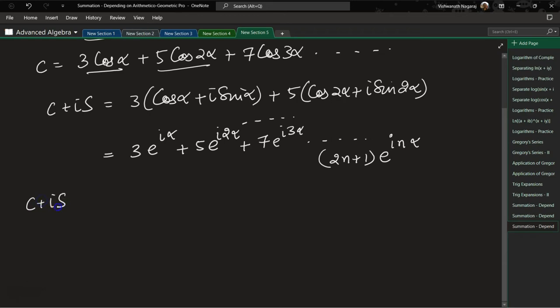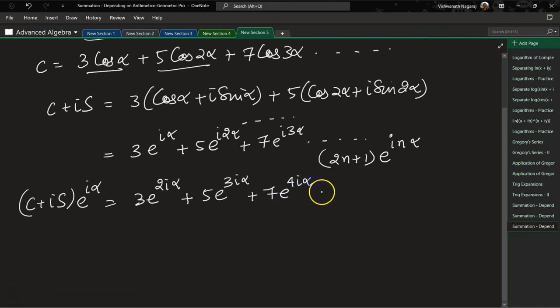C plus iS times e to the power of i alpha. Let's see what happens. We just have to multiply by e to the power of i alpha. So 3e to the power of 2i alpha, right? If we multiply it by e to the power of i alpha, plus 5e to the power of 3i alpha plus 7e to the power of 4i alpha, and on and on.